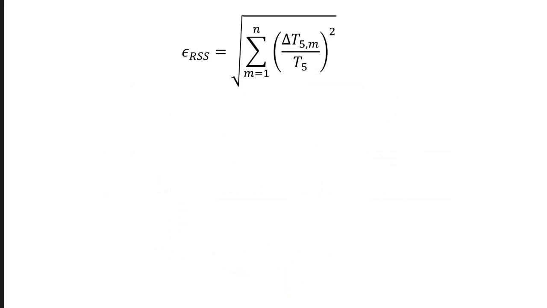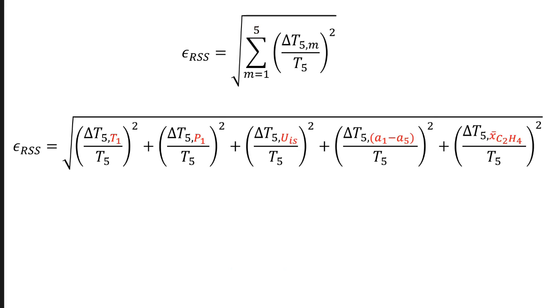So now, if we return to our variance equation, we're considering the fractional change due to those 5 inputs from my table. So n equals 5. And we can express this more specifically in terms of those 5 inputs. From a practical perspective, that means we'll have to run Frosch 5 more times. Once, where we calculate T5 using T1 equals 231.45 K, which is a 2 Kelvin perturbation above the measured value.